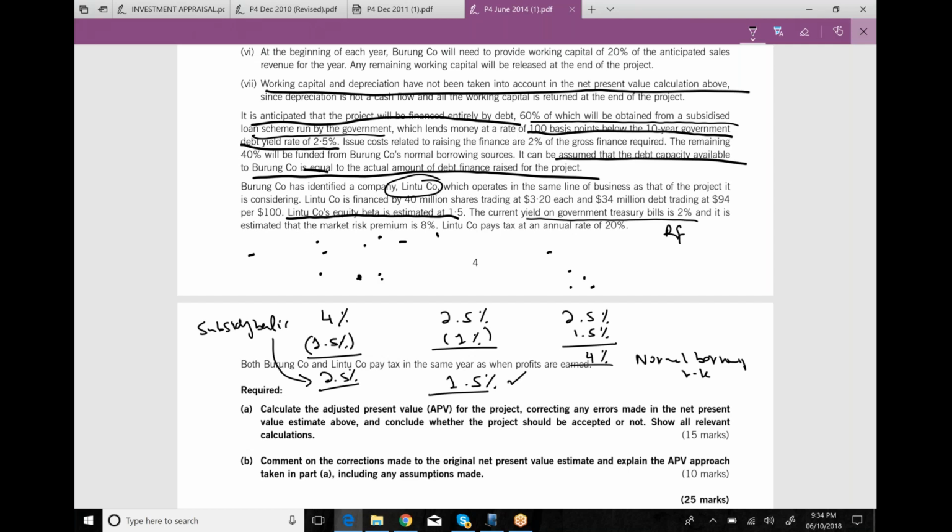No, it is only available on 60% of the loan, right? On 60% of the loan, I will pay interest at 1.5% instead of 4%. So on 60% of the loan, you are having a benefit of 2.5%.